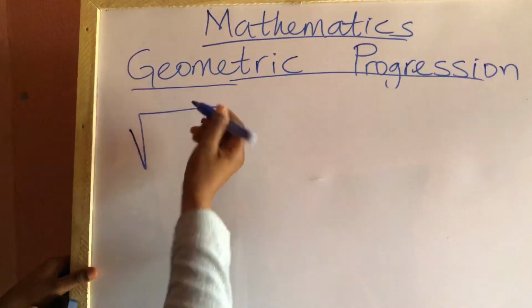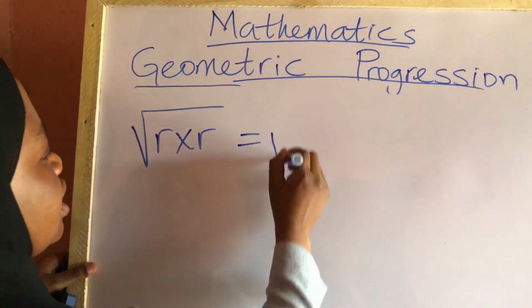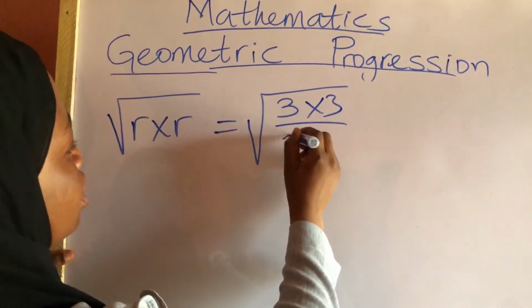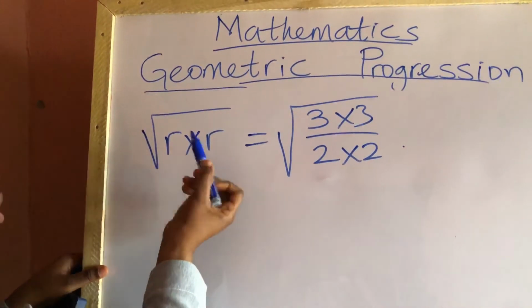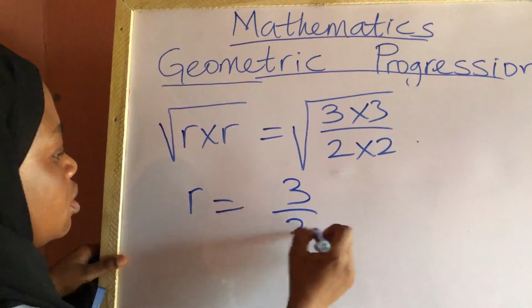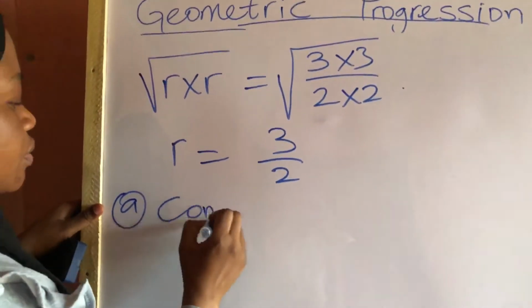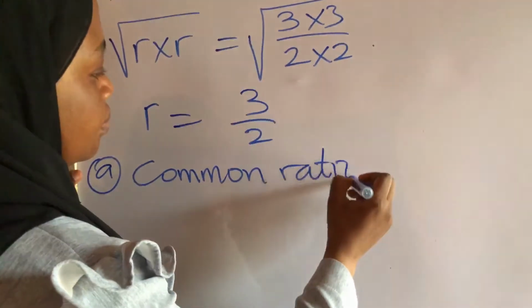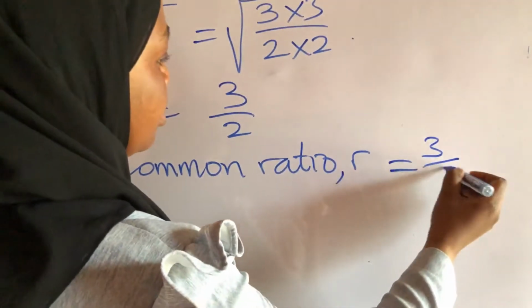As we know, R squared means R multiplied by R, and 9 means 3 multiplied by 3, divided by 2 multiplied by 2. So for square roots you take one of each, and the common ratio R is equal to 3/2.